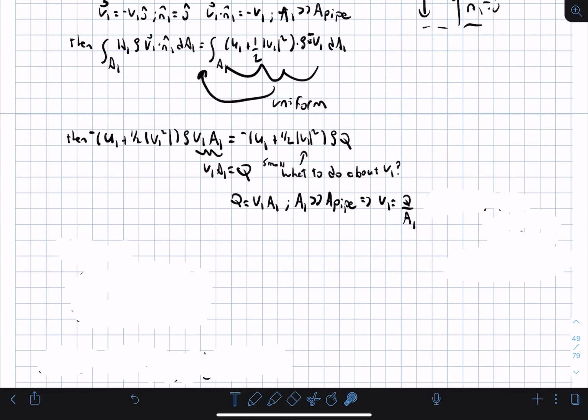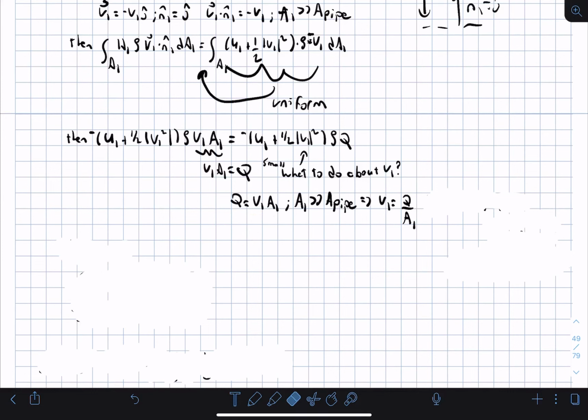For this problem, Q, the volumetric flow rate, is constant throughout the entire piping system. And we know that the area at the top of the reservoir is much, much larger than the area of the pipe. And so velocity 1 is just the volumetric flow rate over A. I just took this and solved for V.